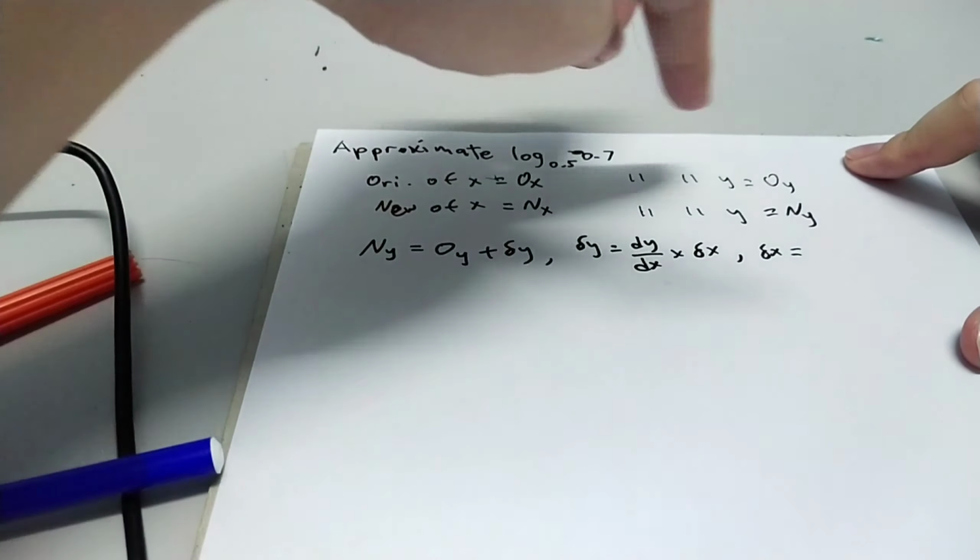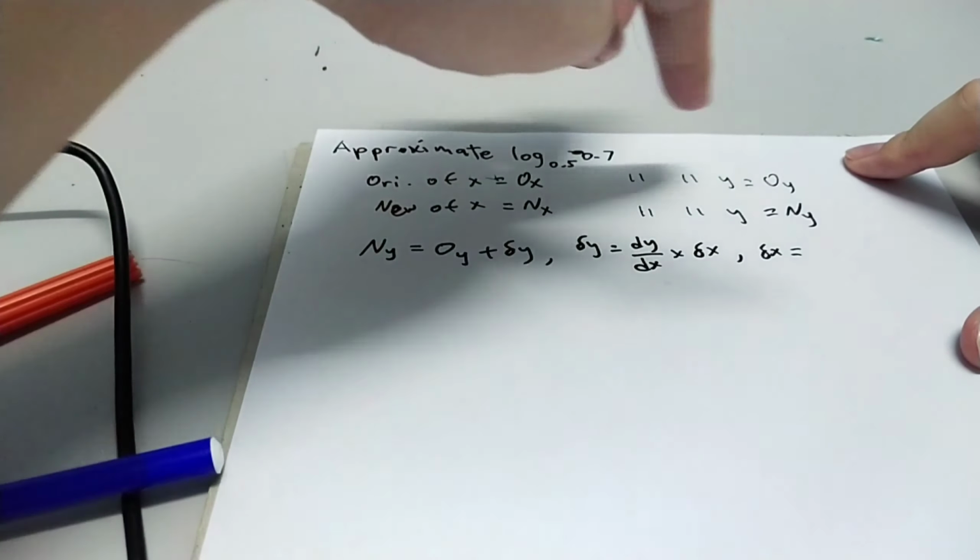So this is the equation of small approximation, and we are going to apply it here. In order to do that, we have to come up with a function that is suitable to approximate this value.